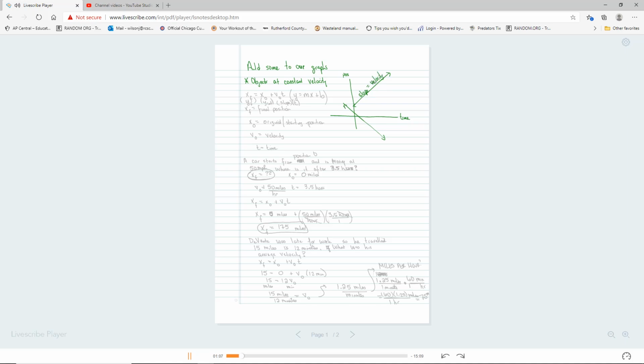So if I've got a positive slope, I'm moving forward, or to the right, or up. If I have a negative slope, then I would be moving down or to the left or backwards. Okay, so your slope equals your velocity.